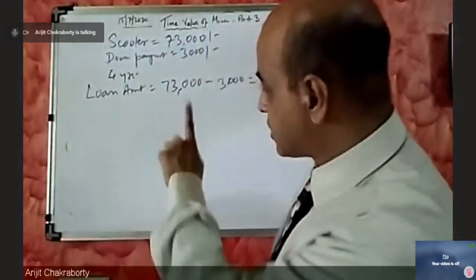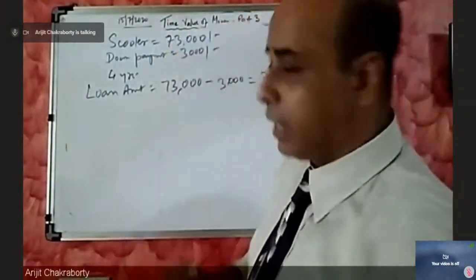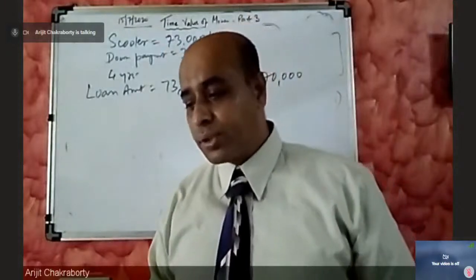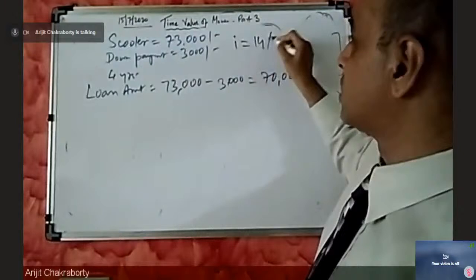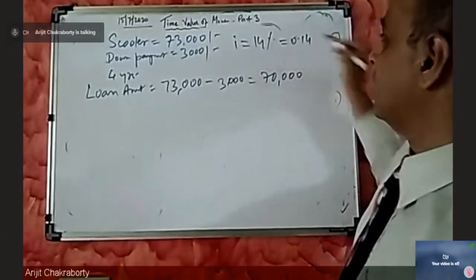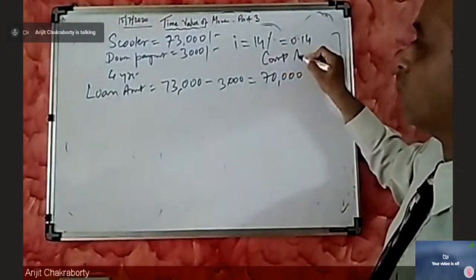He is repaying this 70,000 in 4 years and the interest rate is given. The interest rate is how much? 14% and compounding annually. So I is 14%, that is 0.14, and the compounding is annual.